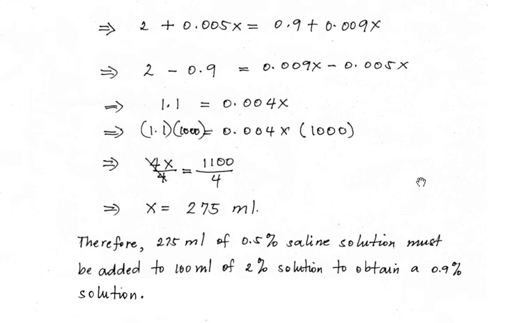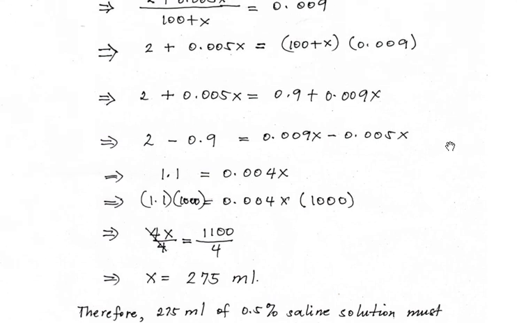Solving, we have 2 plus 0.005x equals 0.9 plus 0.009x.